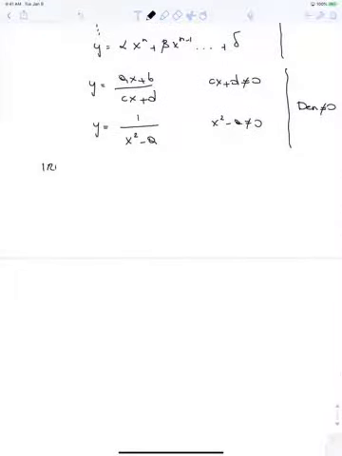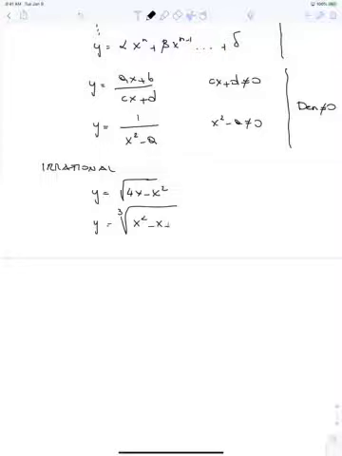Then we have irrational functions. So functions in the form y equal the square root of 4x minus x squared, y equal the cubic root of x squared minus x plus 1, y equal the fourth root of x minus 2 divided by x squared plus 4.